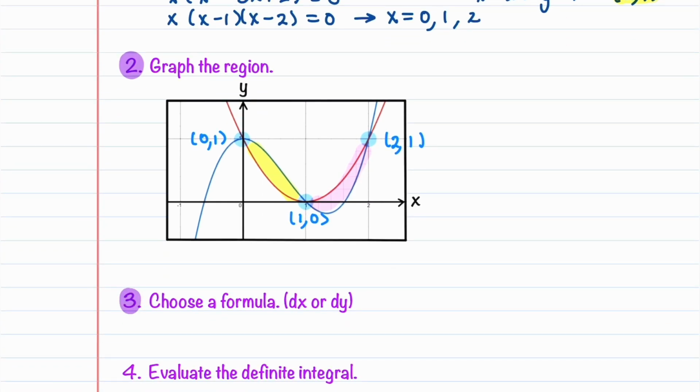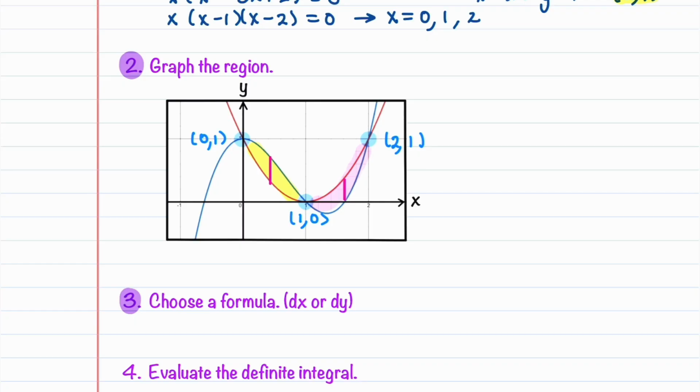Now we need to choose the correct formula to use. We need to decide if we want to integrate with respect to x or with respect to y. To decide that, all you have to do is go up to your graph and draw a vertical line for integrating with respect to x. If we do that, we can see that we have one curve on the top and one curve on the bottom. It doesn't matter that the curves switch, and a different one is on the top in each region.